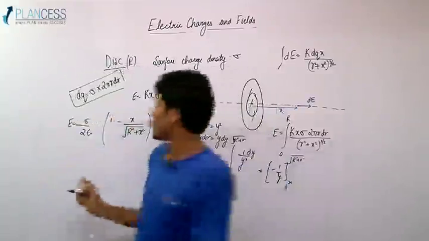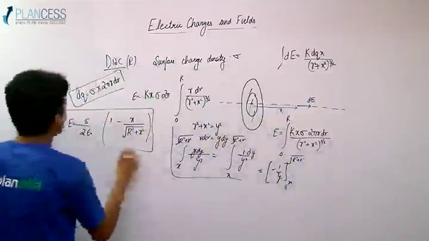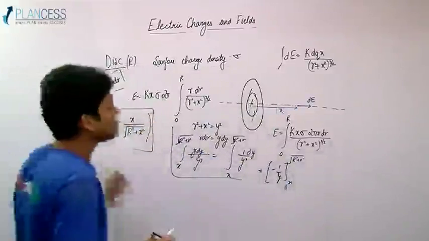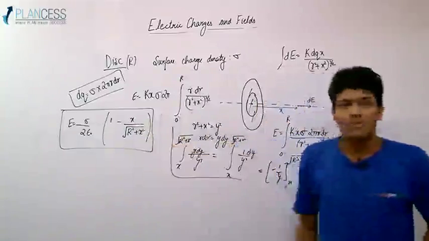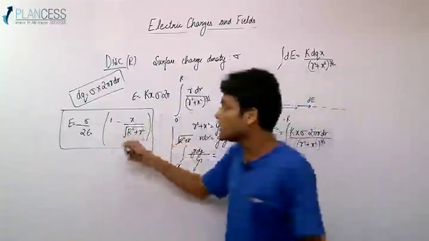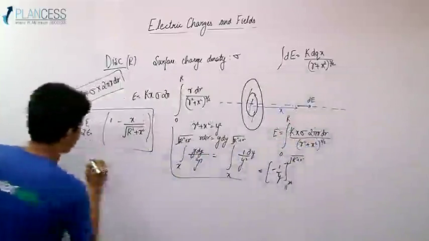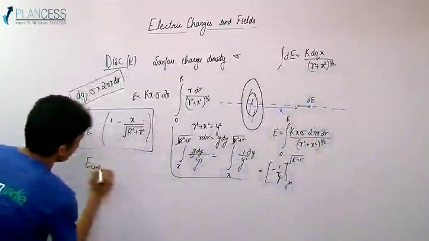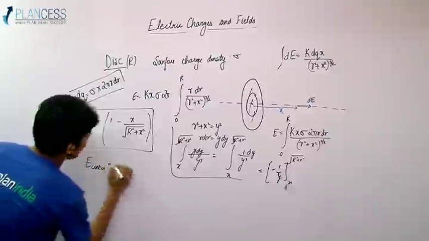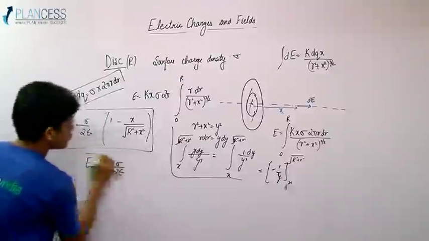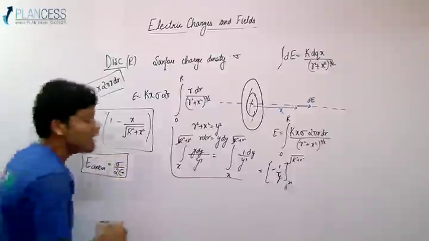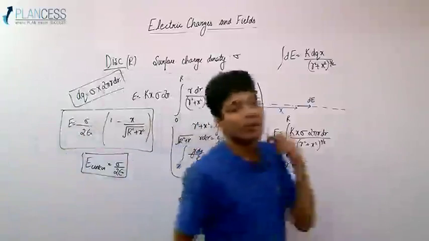Now you can see from the final formula that I was correct. If I put x equals to 0 in this formula, I'll get 1 minus 0, and thus I'll get E at the center to be sigma upon 2 epsilon naught. So this is the value of the electric field at the center of a disk.